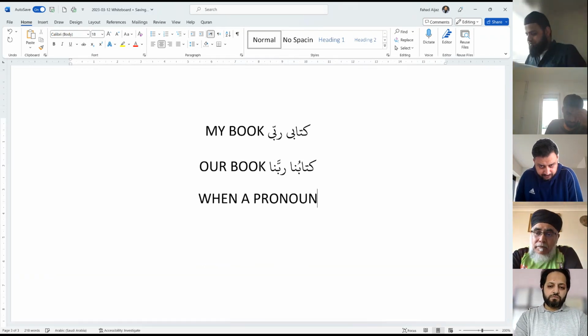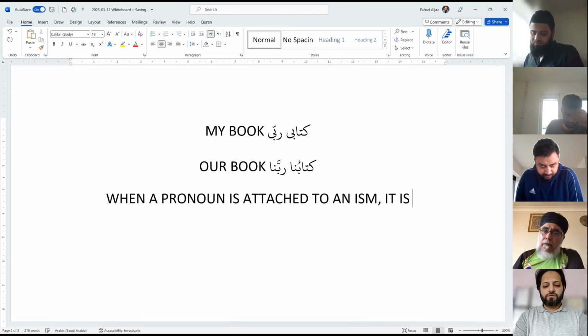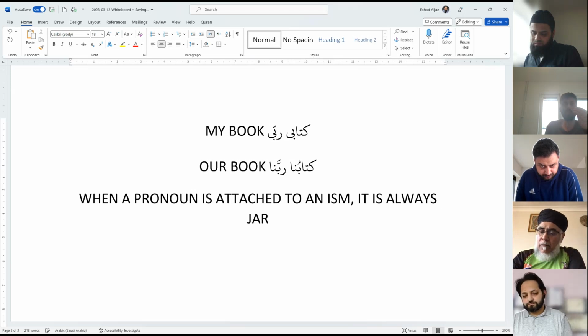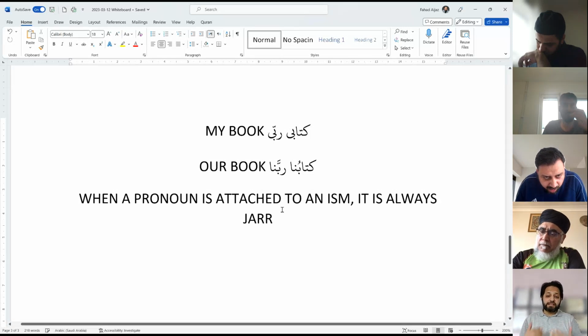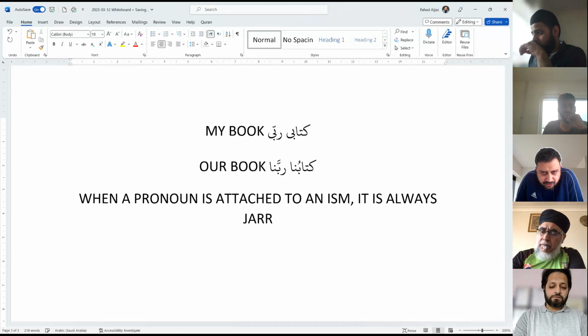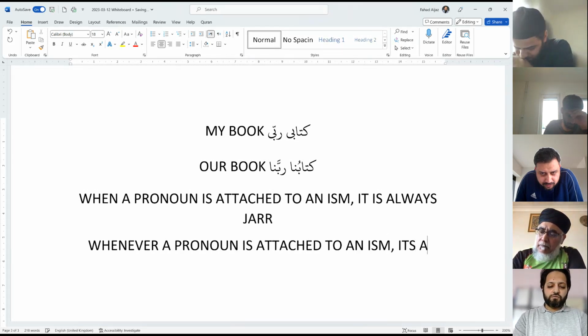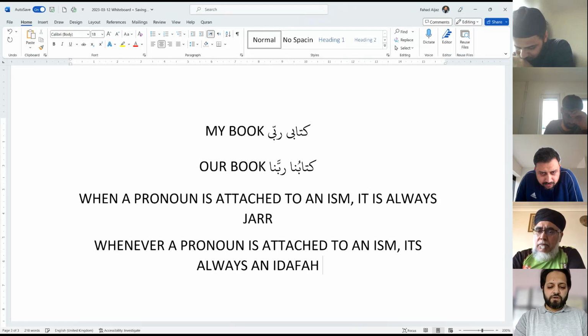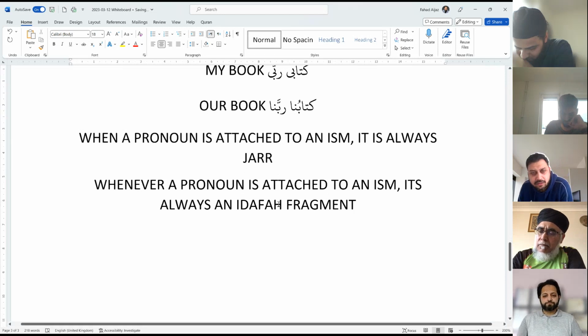Whenever a pronoun is attached to an ism, it is always jar, and it's always an idafa fragment.